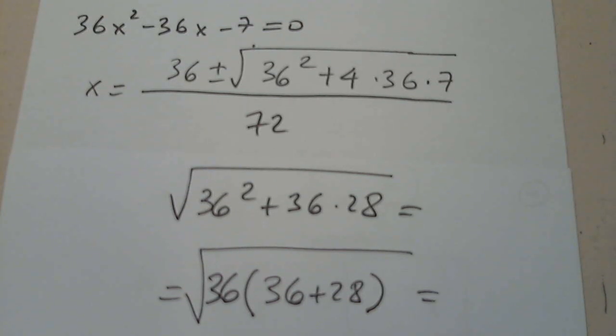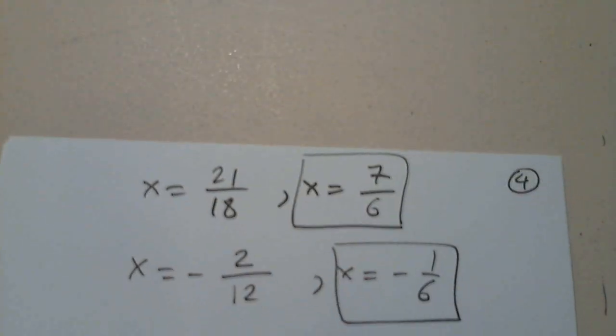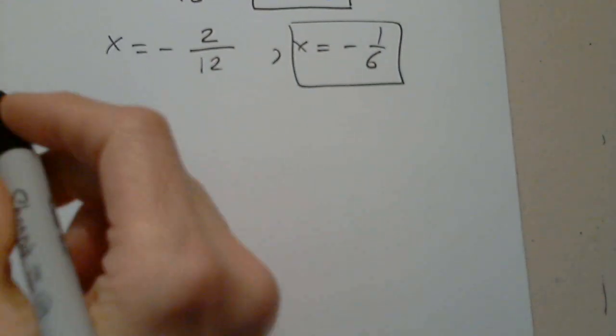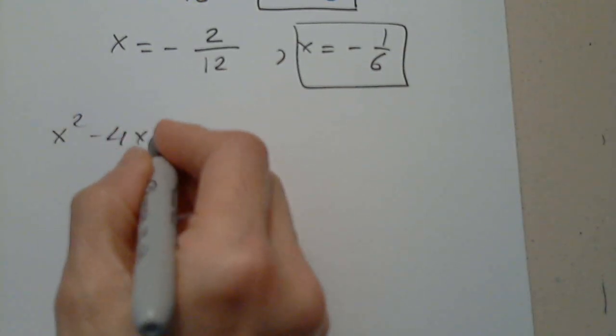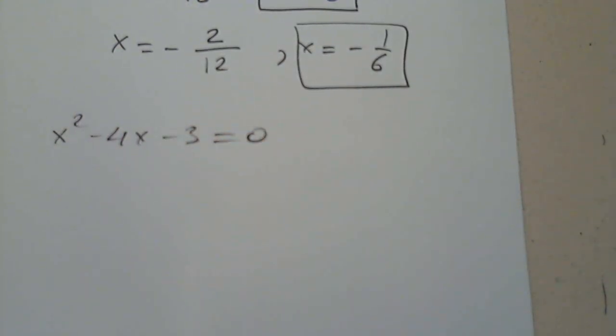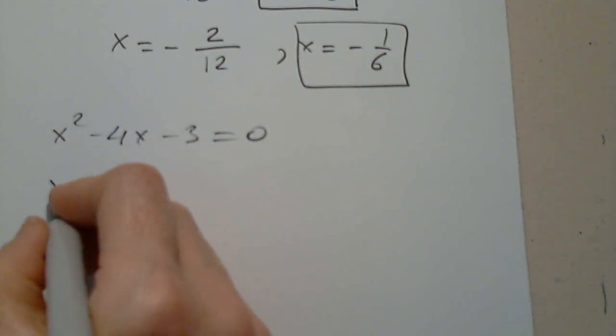Which one? x squared plus 4x minus 3. Very good. Like this, x squared minus 4x minus 3? Yeah. Perfect. So the first thing I would do, I will move 3 to the other side.